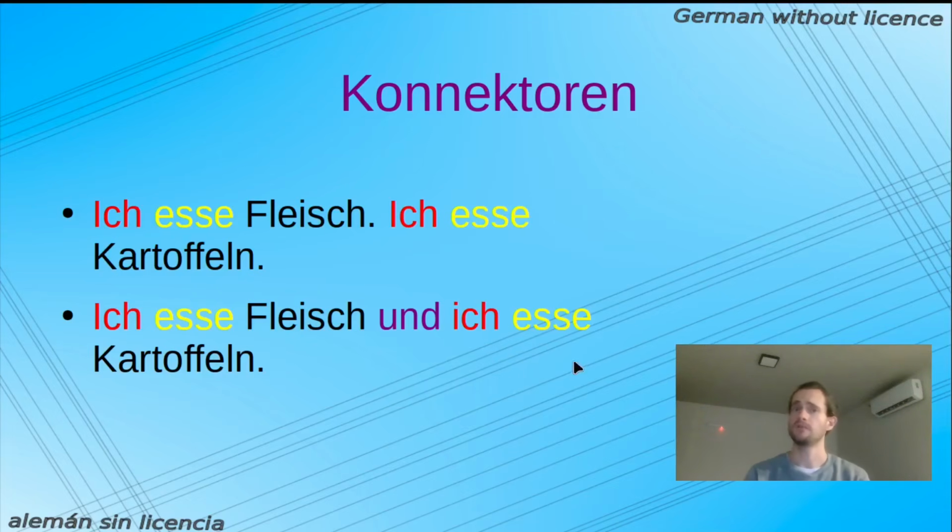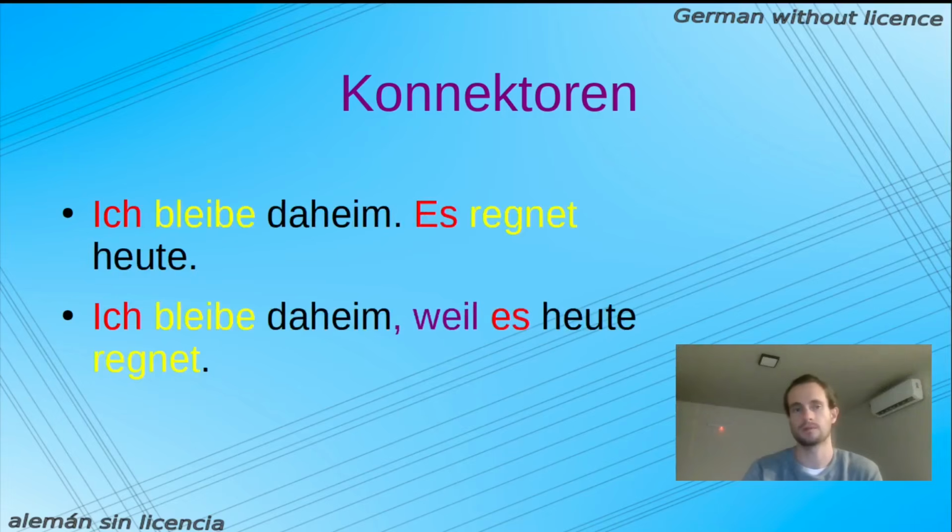So, if we don't want to have a basic structure like one thing and the other thing, if we want to create a more complex relationship between two clauses, for example, ich bleibe daheim, I stay at home, and es regnet heute, it is raining today, we want to say now that one thing is the reason for the other thing.